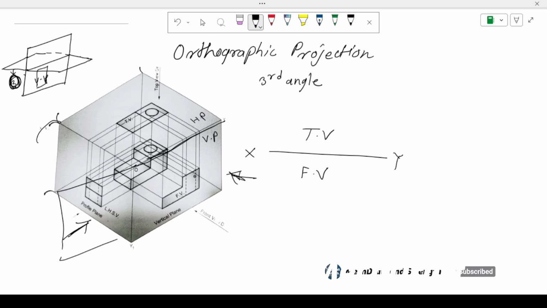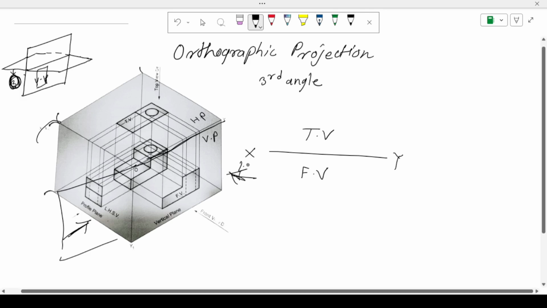So always remember that in third angle projection, the left hand side view is formed on the left side of the front view. This is our left hand side view, and the right hand side view is always formed on the right of the front view. This is our right hand side view.